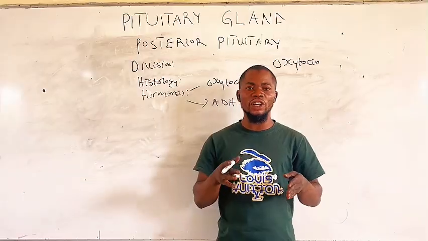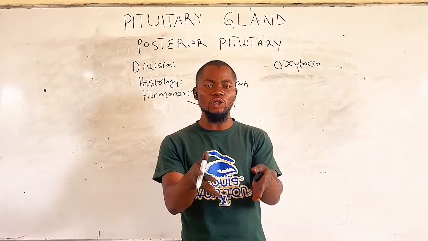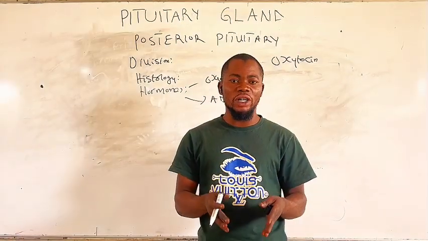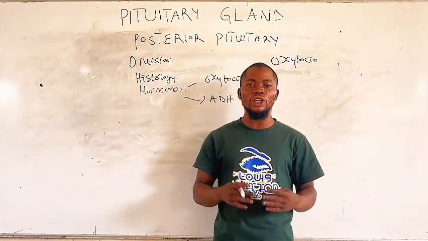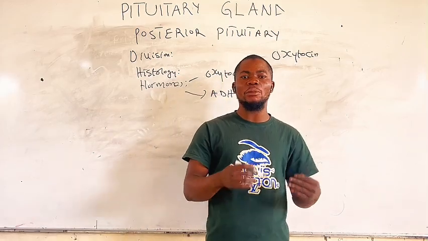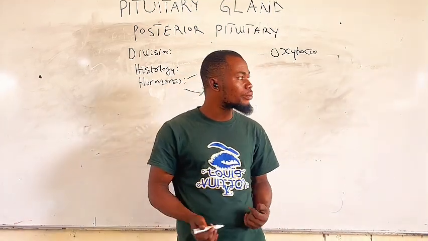Then the oxytocin released will go into the mammary gland, leading to the contraction for the easy flow of the milk. This type of reflex is called neuroendocrine reflex, because it begins with impulse and terminates by the release of hormone.